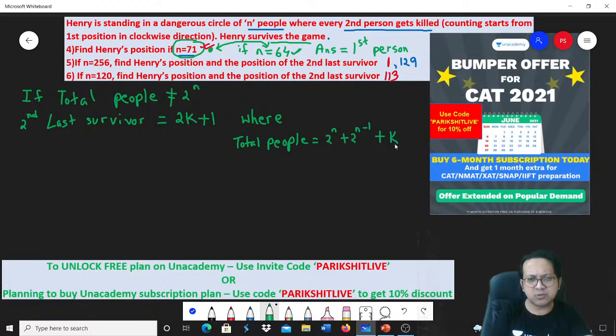This is the k. Don't worry, I'm going to explain the formula. First just concentrate on this. Let's look at the example and try to understand.